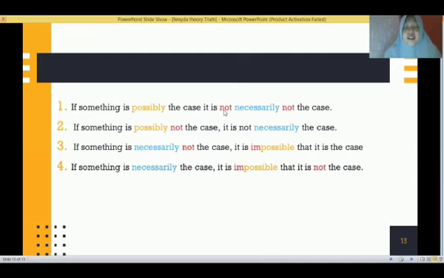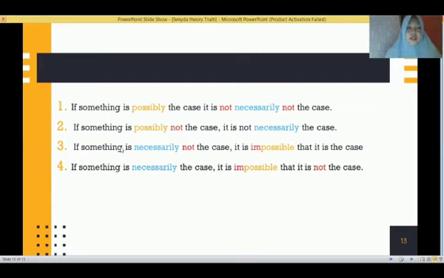And not is negation, not necessarily, necessity, not also negation. This is P. Next, if something is possibly not, or negation, the case is P. It is not also negation, necessarily, it is necessity, the case is P.